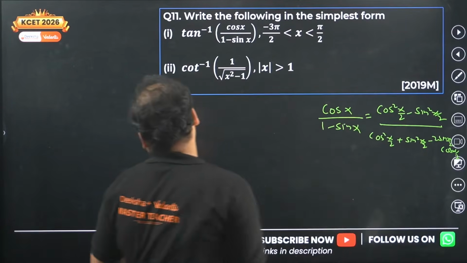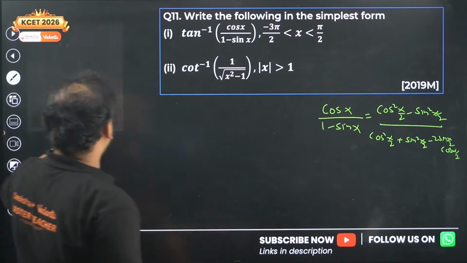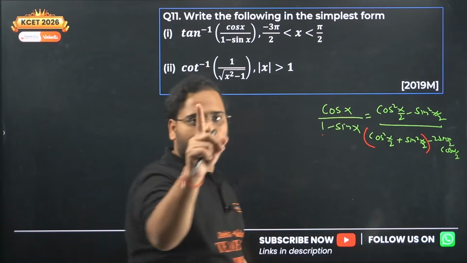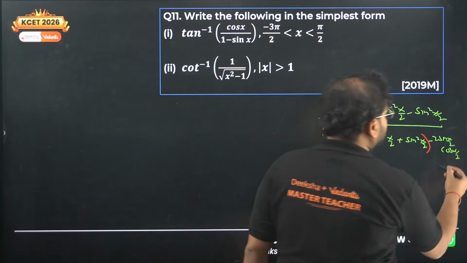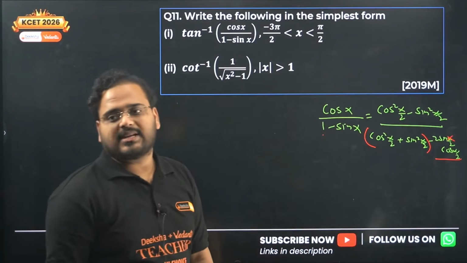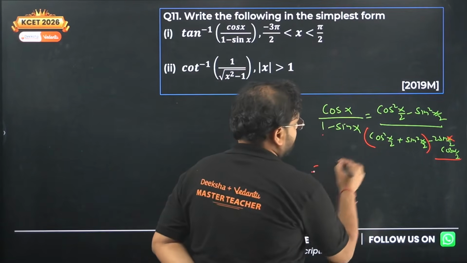How come, sir? Okay. Let me show you. 1, because of this, sin square plus cos square is 1. The sin x formula is 2 sin x by 2 and cos x by 2. Not visible? I'll write it again. No problem. Check this out.